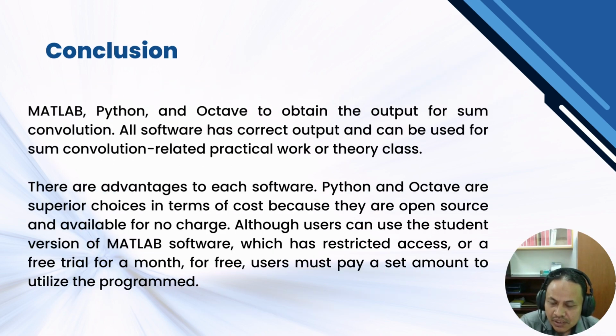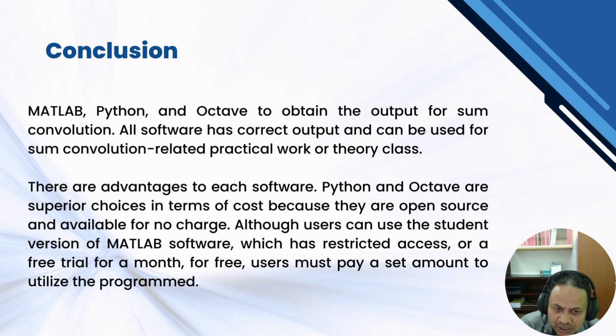For conclusion, firstly, MATLAB, Python, and Octave can all be used to obtain the output for convolution problems, and all the software can give a correct output and can be used for convolution problems in practical work and theory classes. Furthermore, each software has some advantages.